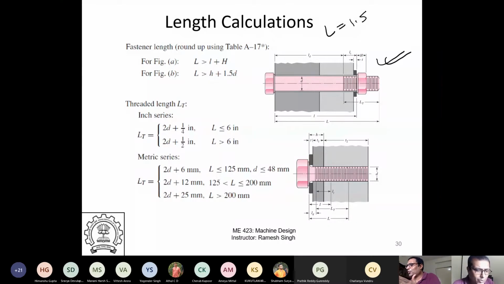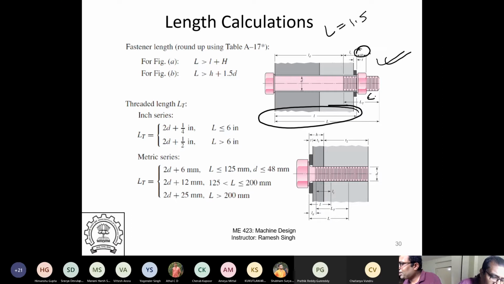So if you have to size a screw, you need the total thing which is getting compressed plus the height of the bolt, and you need something extra. You should have something more than that, a few threads left to be able to do that.